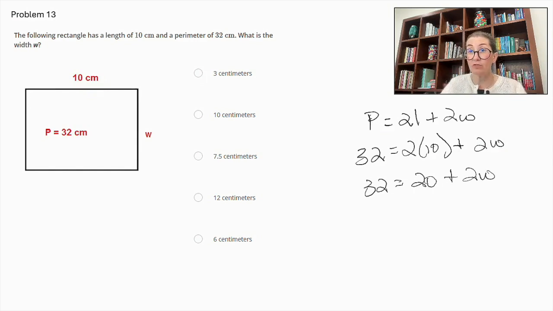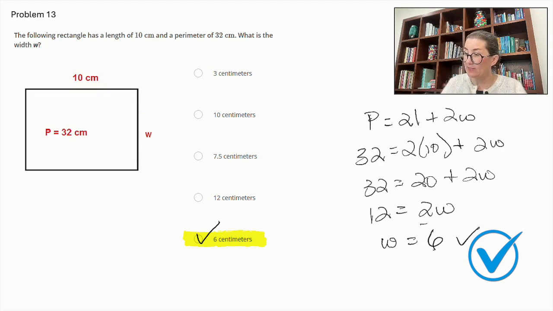Take 20 off each side, and we get 12 equals 2W. Divide each side by 2, and we get W equals 6. So the width is 6 centimeters.